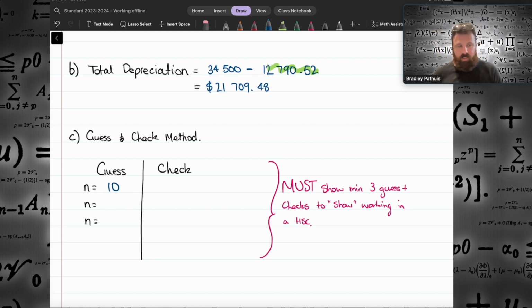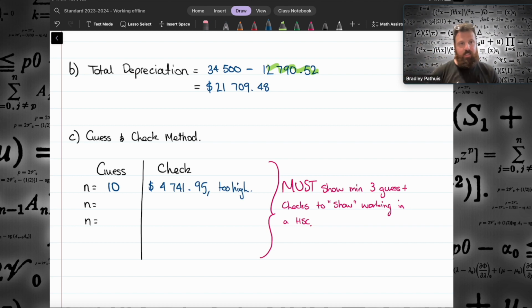Now in my calculator, all I'm going to do is change my power to the power of 10, press equals. And when I press equals, we get $4,741.95. And that's too high. That's way too high.